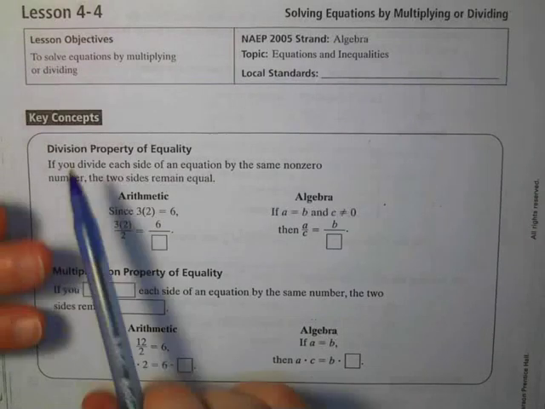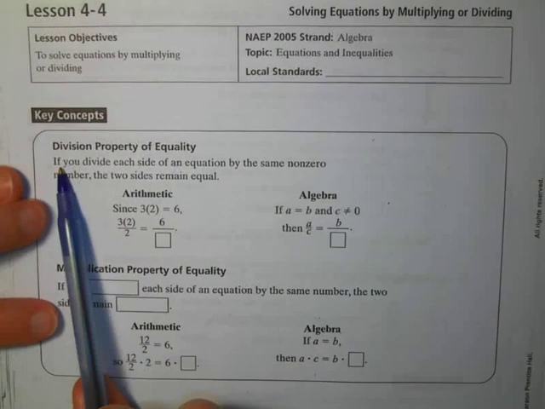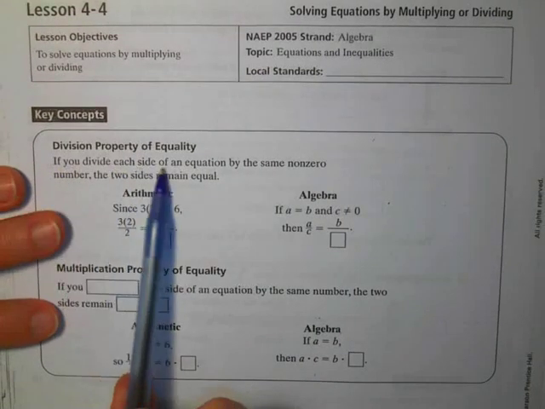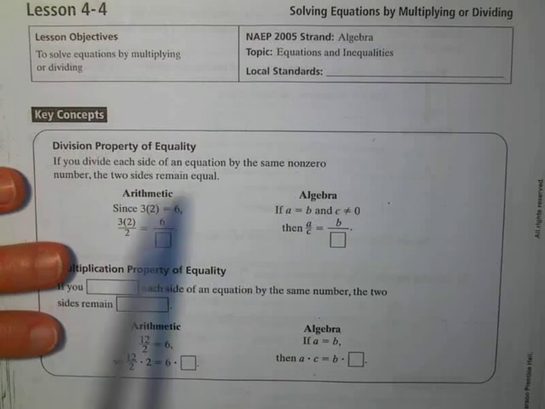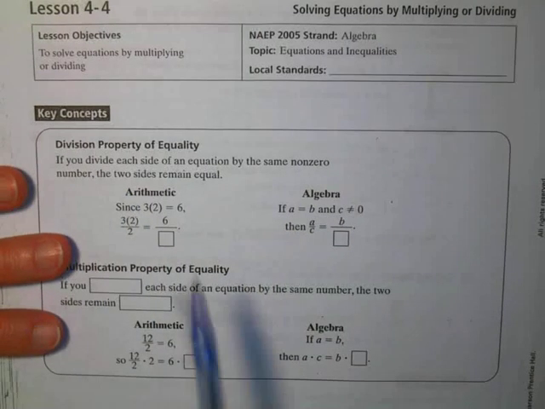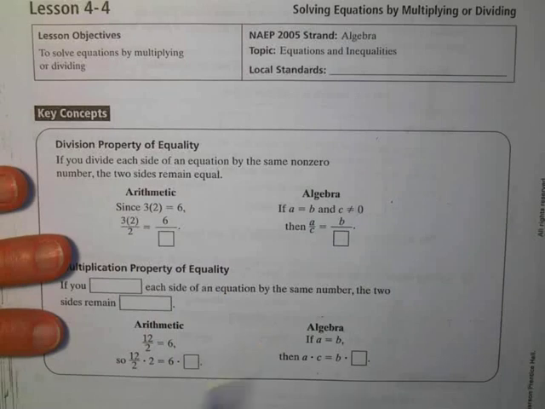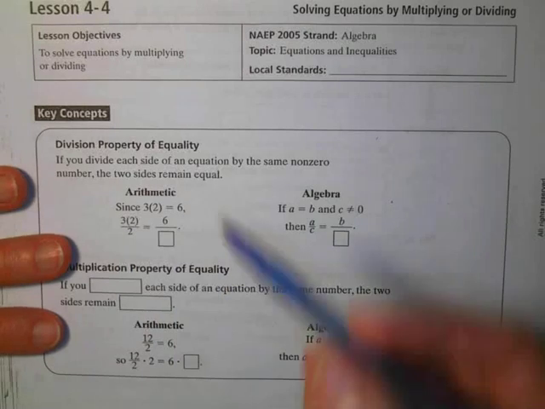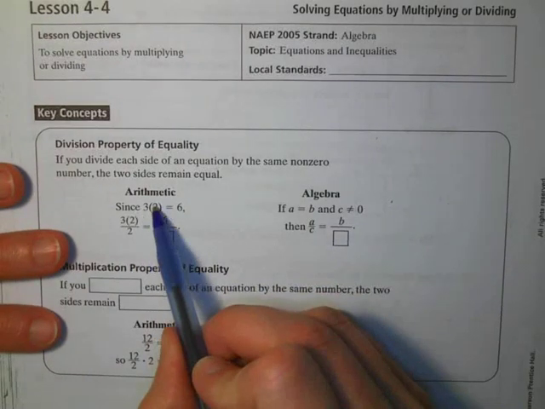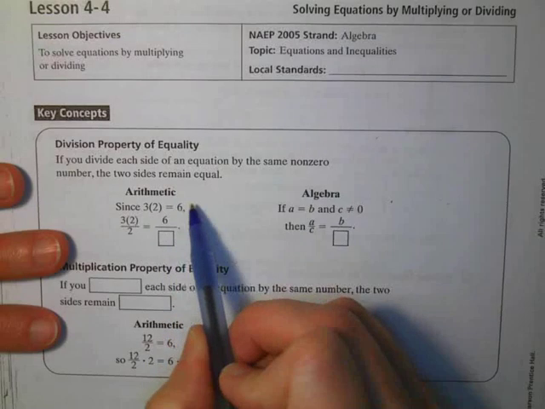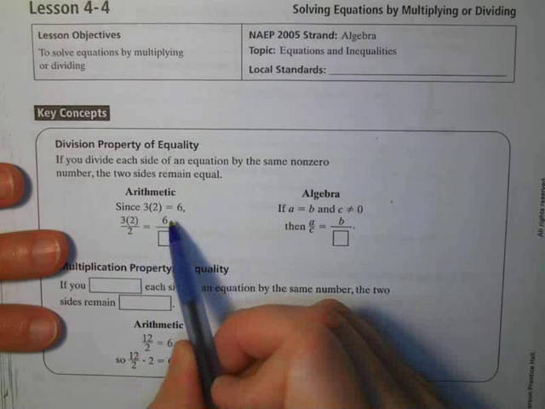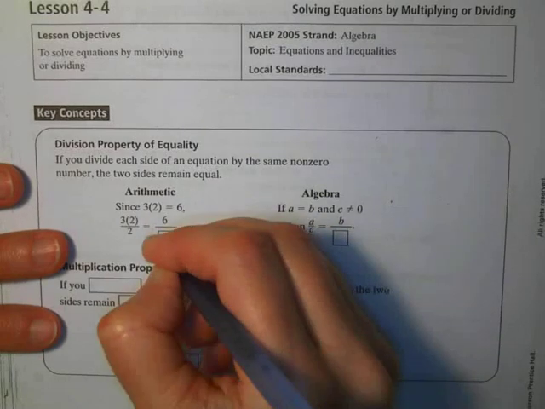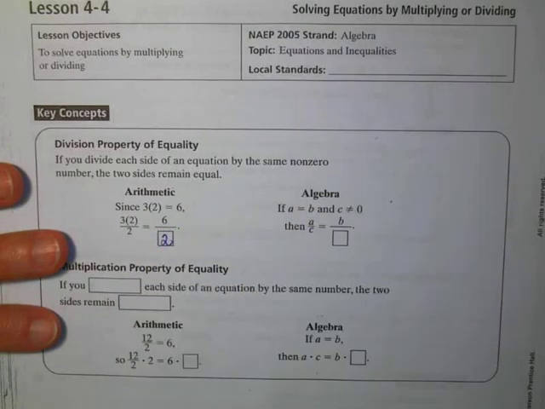So, the division property of equality tells us that if you divide each side of an equation by the same non-zero number, the two sides remain equal. Here we're going to look at it with arithmetic. Since 3 times 2 is equal to 6, 3 times 2 divided by 2 should be the same as 6 divided by 2.